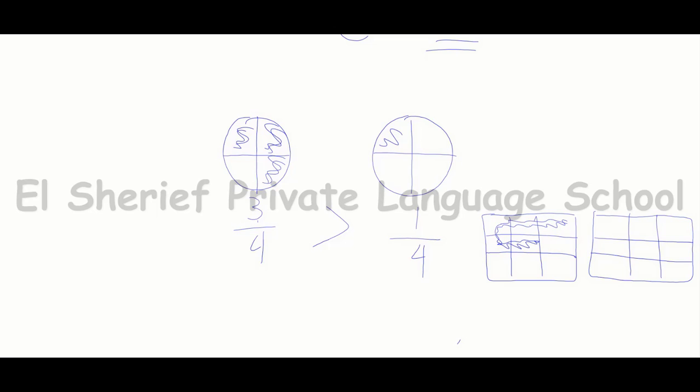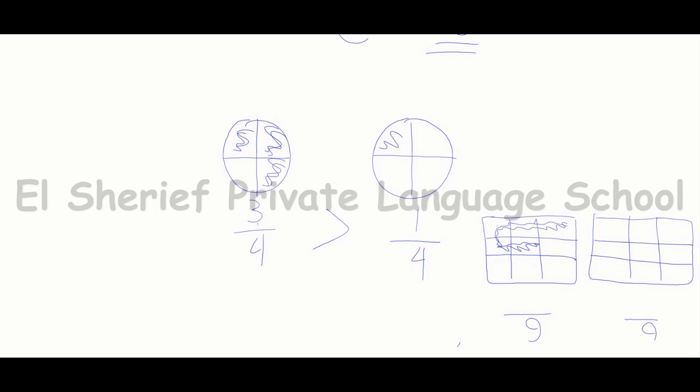I colored 5. Sorry, here we divided it into 9 equal parts. Here we have 1, 2, 3, 4, 5, 6, 7, 8, 9. And here also 1, 2, 3, 4, 5, 6, 7, 8, 9. So the denominator equals 9 here and 9 here. But in the numerator here we have 5 because I colored 5.